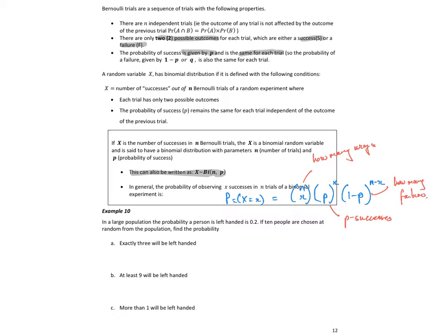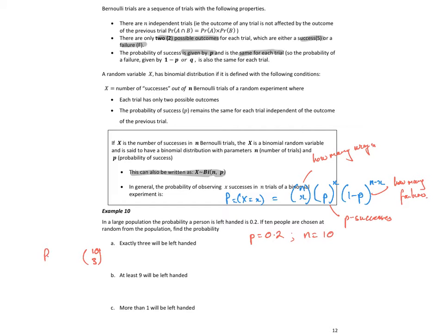Okay, so if we have a look at this example here, we have a large population. The probability of success of somebody being a left-hander is 0.2. I'm going to take people out of the sample, so I have n trials of 10. Find the probability exactly 3 will be left-handed. So using my formula, we have n trials, 10, and I want 3 successes, so 10C3.